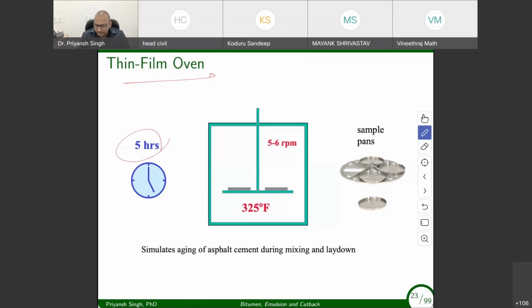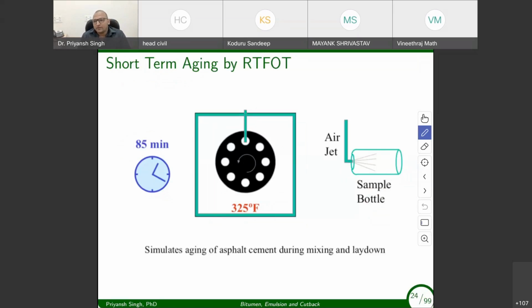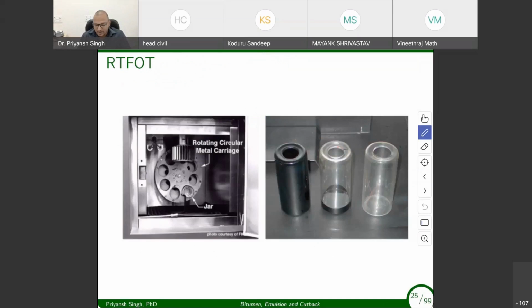This simulation actually resembles the time when you mix and compact. Same thing can be simulated by a more advanced setup, that is a RTFOT. Now here the test time can be decreased significantly. Here a rotating circular metal carriage is used, and the sample is put in this kind of specialized glass bottle or jar.